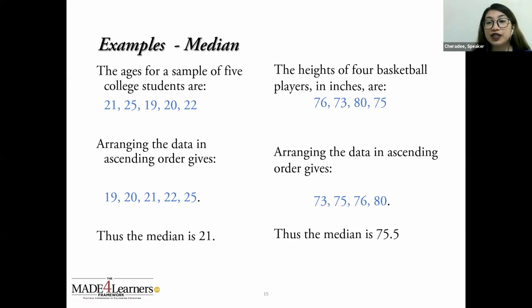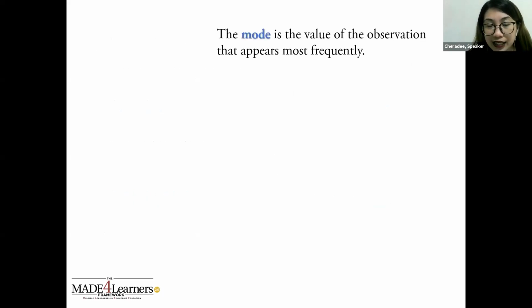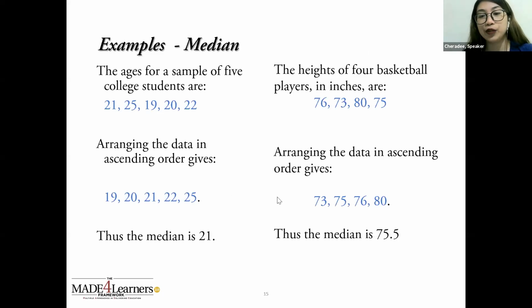The middle numbers, second and third, are 75 and 76, and the average of 75 and 76 is 75.5. So 75 plus 76 divided by 2 is 75.5. That's the median. I'll give one more example so it's easier to understand.